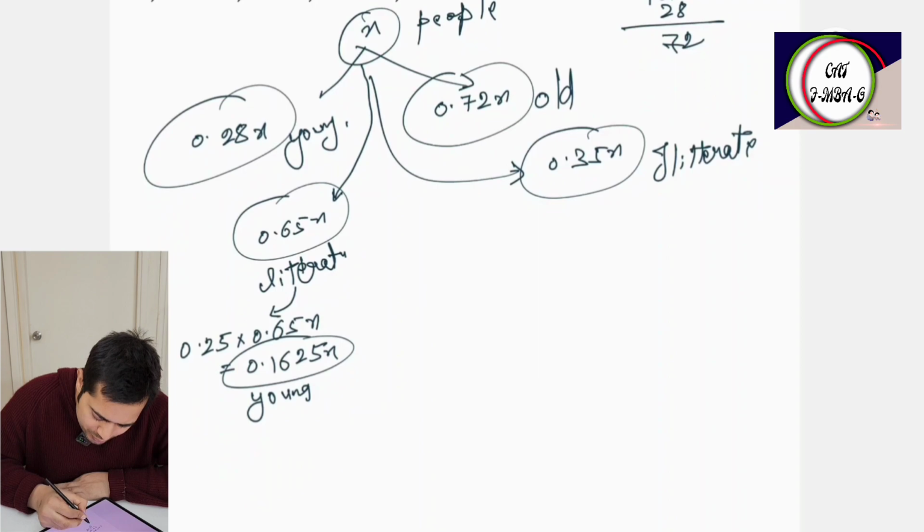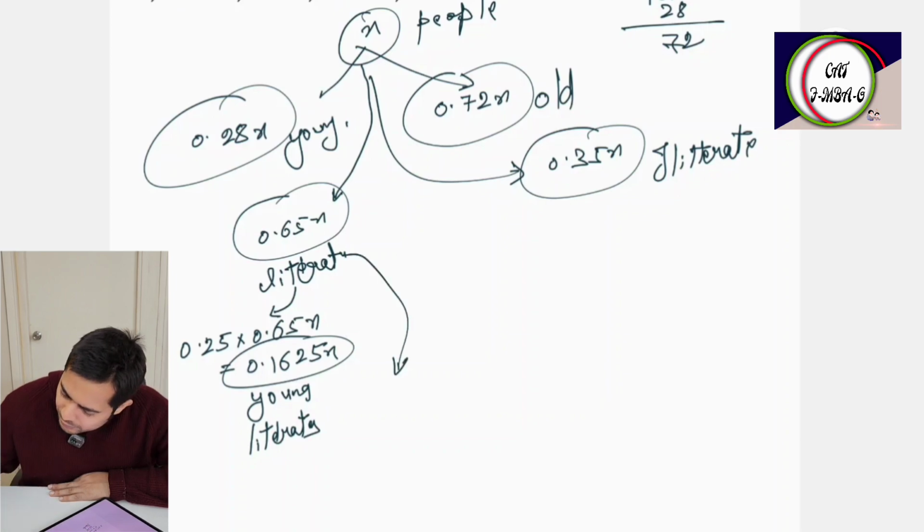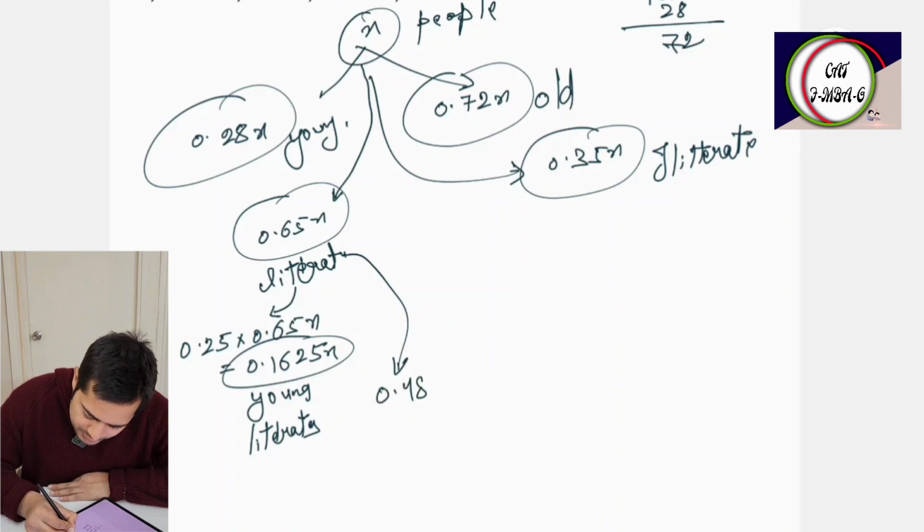So these are actually young literates. And minus 0.65 you can do, so 0.4875x.